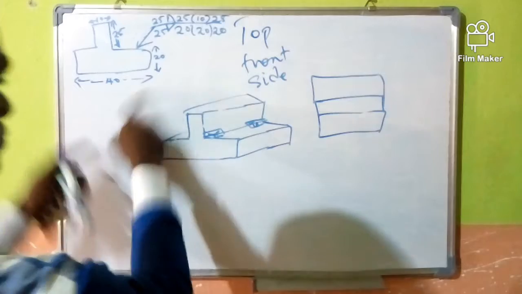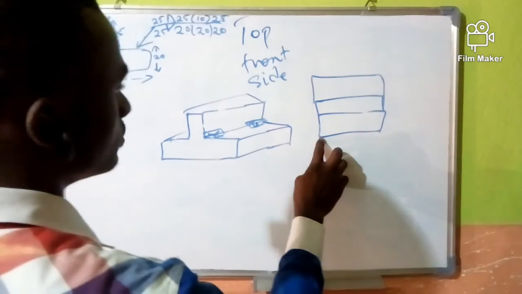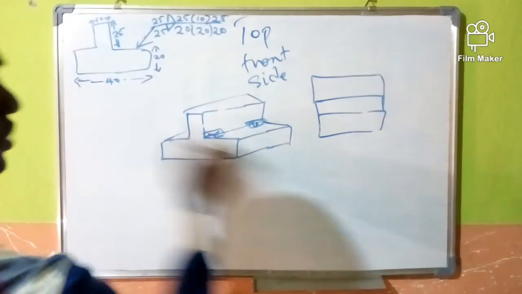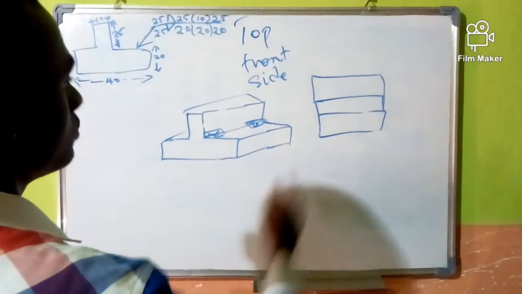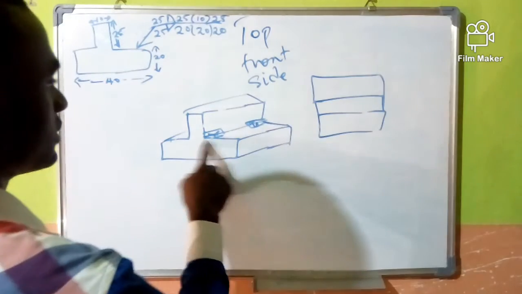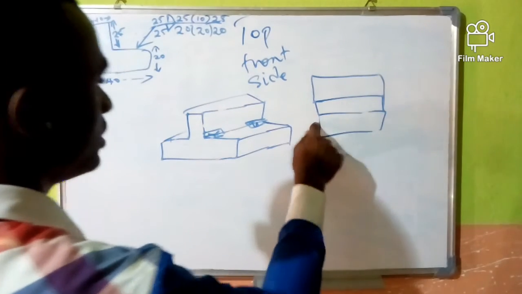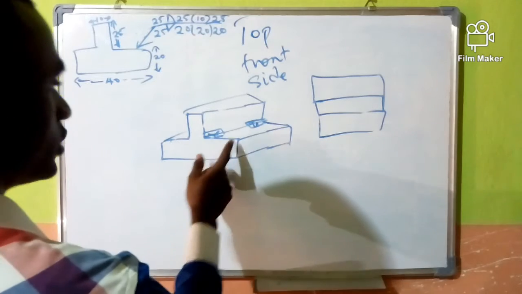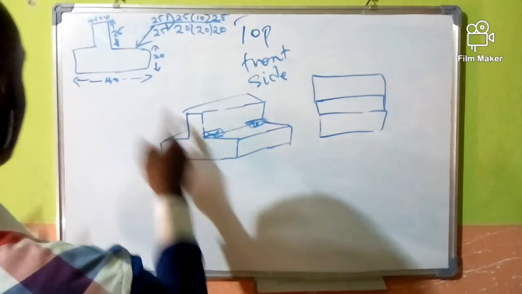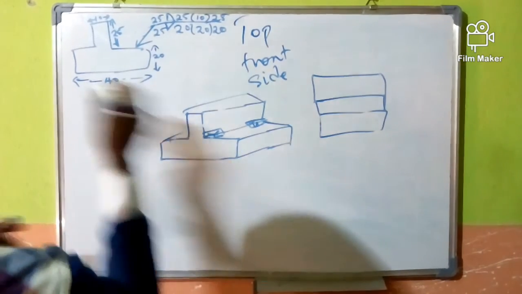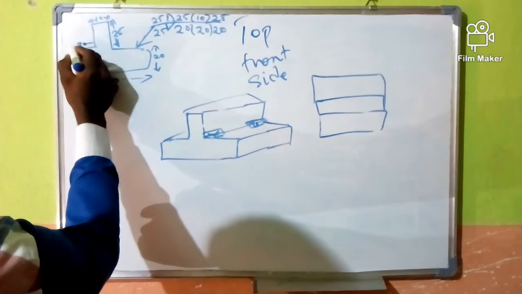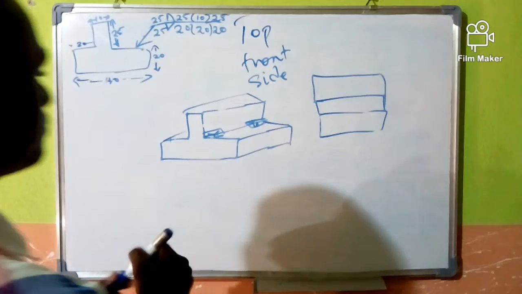Now this part is the same as this part, so it should be the same length as this, which is 40. Now this part is this other part, because we are not seeing this part, we are seeing this. So this one will be the same length, which is 20. Let's use 20 here.